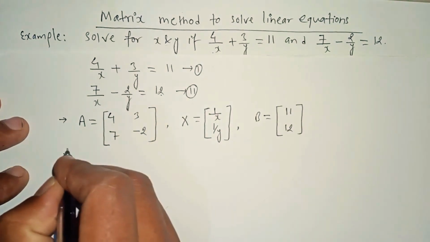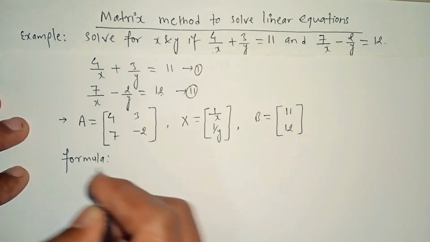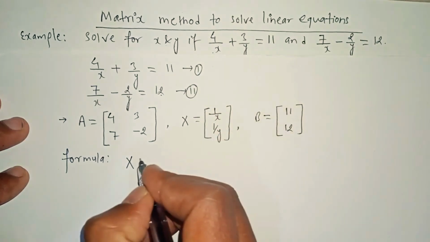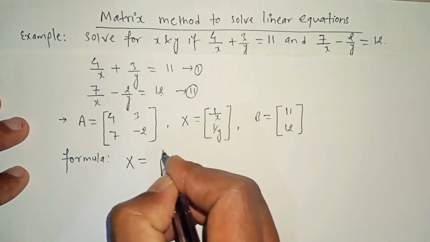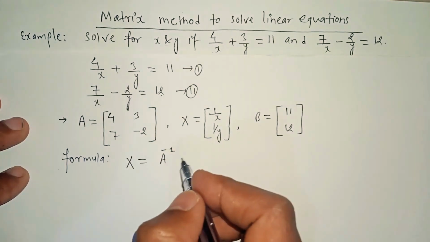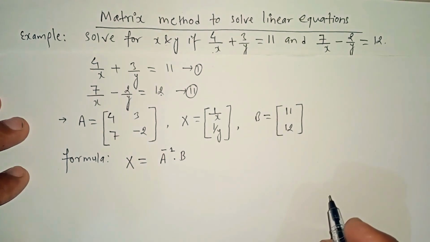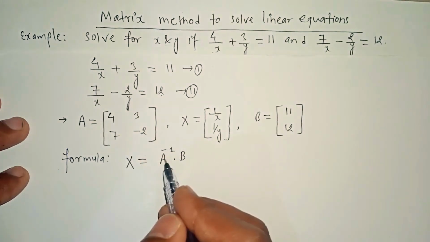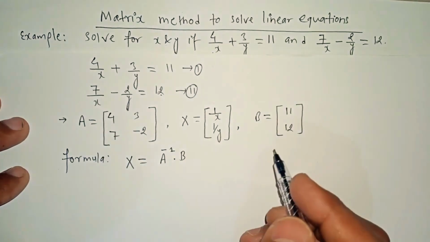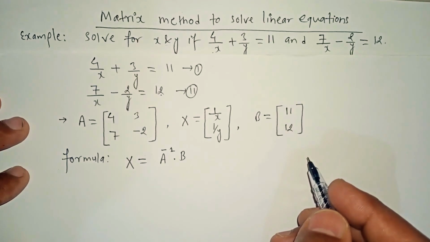And we have a formula. Let me write down the formula. You have to memorize this formula. The variable matrix X equals A inverse times B. A inverse means the inverse of the coefficient matrix, and B is just the constant matrix.